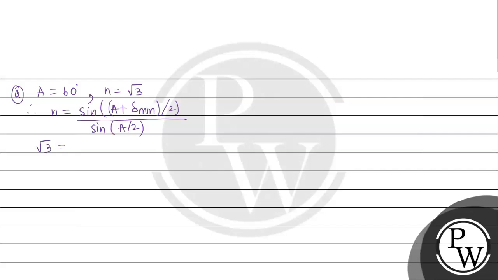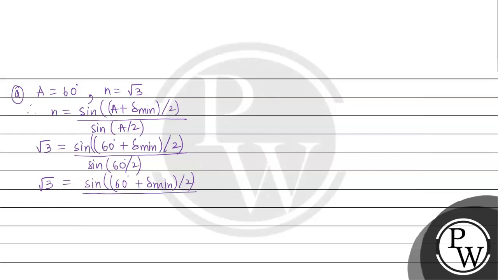So n is root 3, sin (60 degree plus delta min) upon 2 by sin 60 degree by 2. 60 by 2 is 30, sin 30 is half.